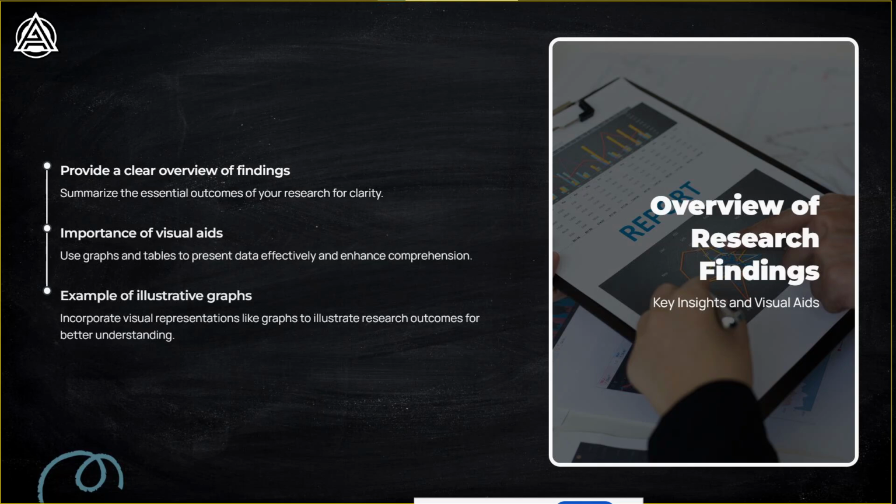And this is an optional section. So this is not mandatory. If you want to add the overview of research findings, you can add it, or you can discuss everything under the results section. So provide a clear overview of all your findings.